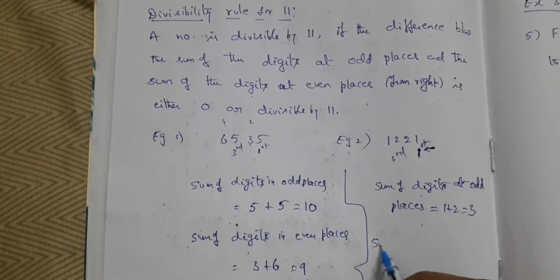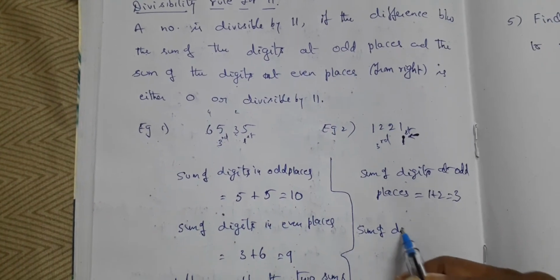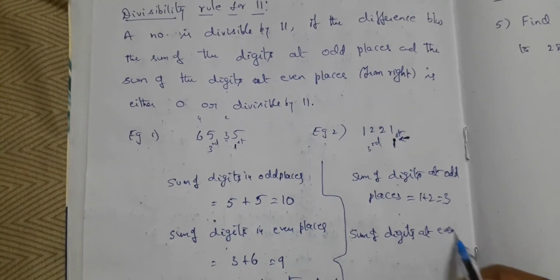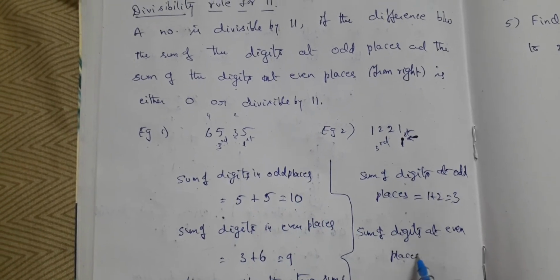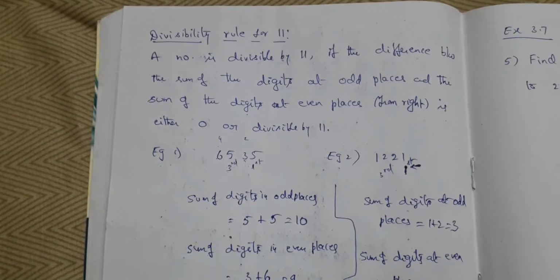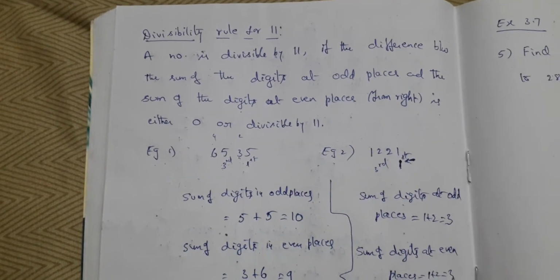Next one, sum of digits at even places is equal to, second place is this, fourth place is 1. So 1 plus 2, 3 again.